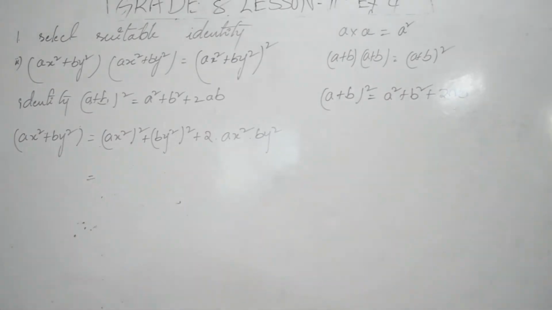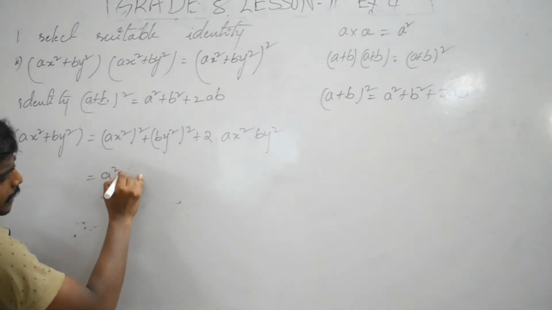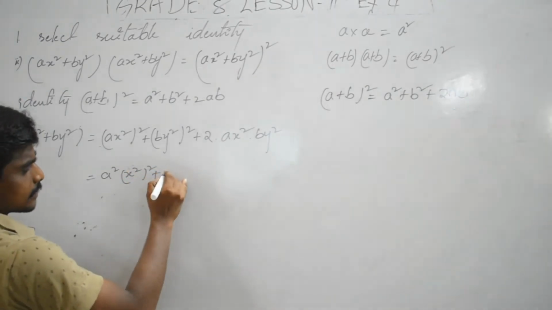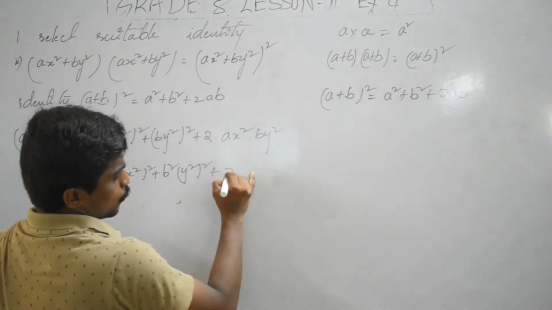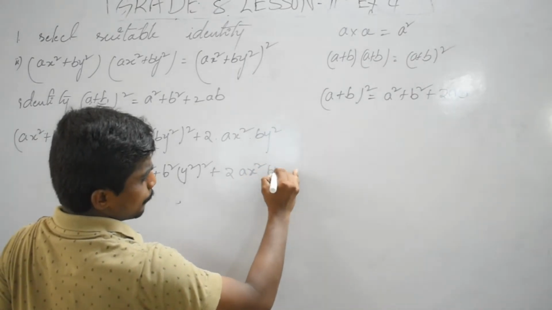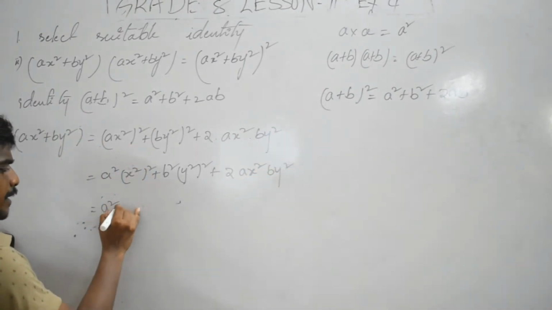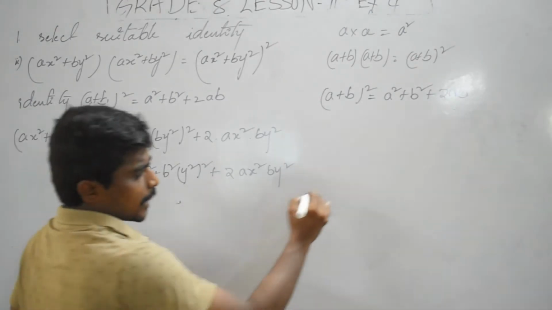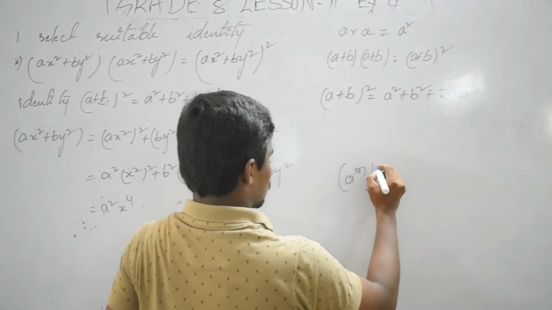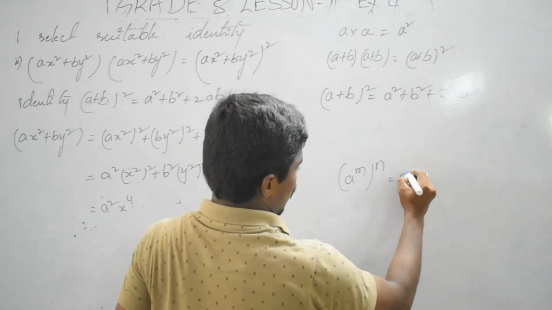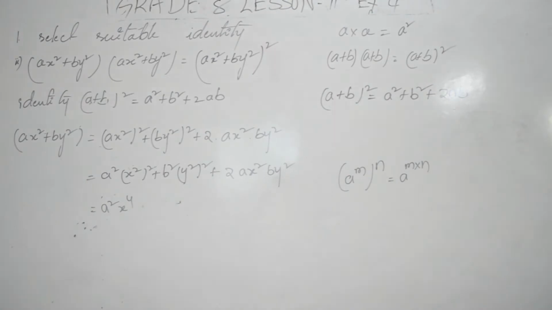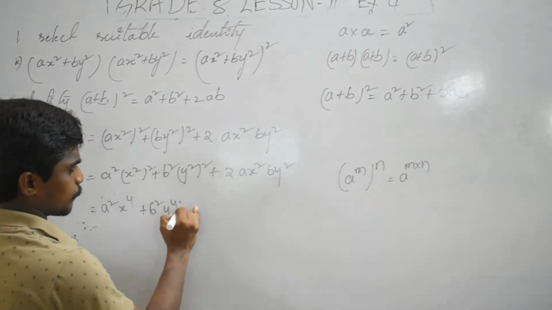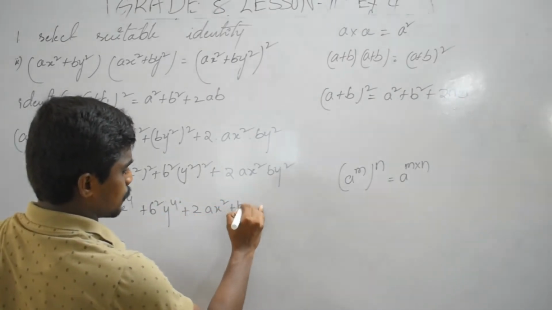Now these you multiply: a square x power 4 plus b square y power 4 plus 2abx square y square. Here a power m whole power n equals a power m cross n.